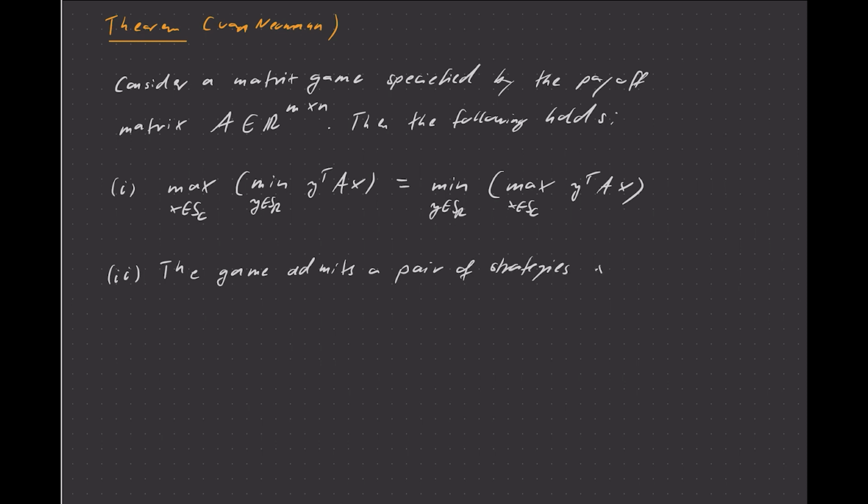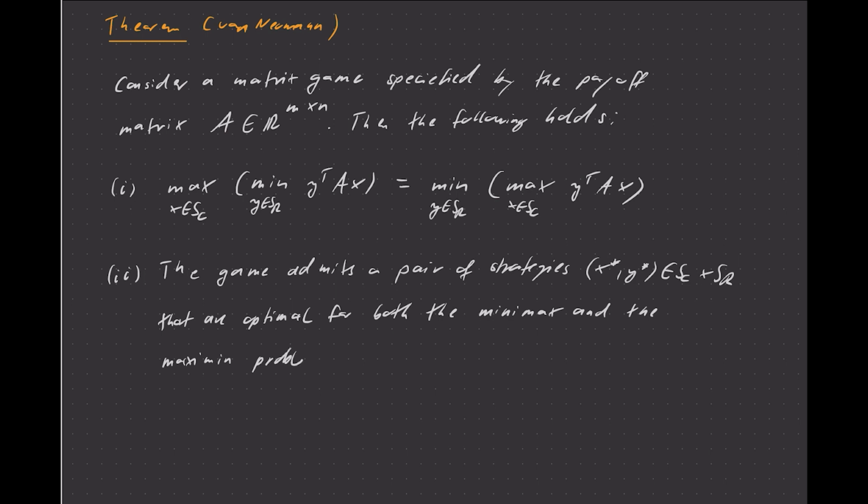We call those strategies x star, y star, and they are in SC and SR, that are optimal for both the minimax and the maximin problem. And now those strategies are called optimal strategies.